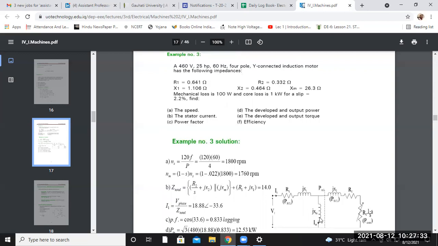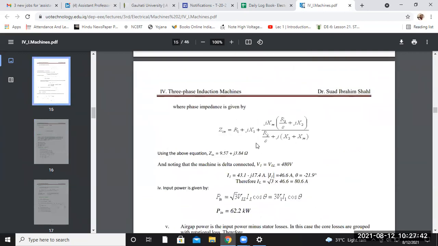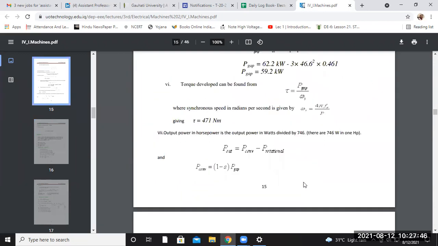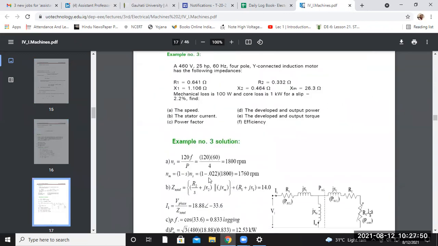You have to find the values of I1 and IM by using the input impedance, Z input. As we discussed in the previous part, Z input has R1 plus jX1 in series with the parallel combination of jXM and R2 upon S plus jX2.